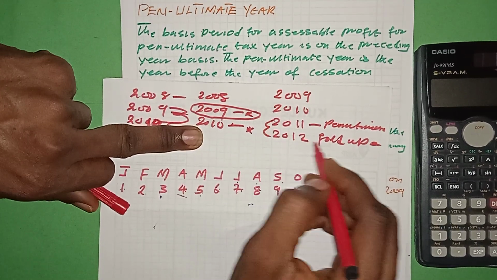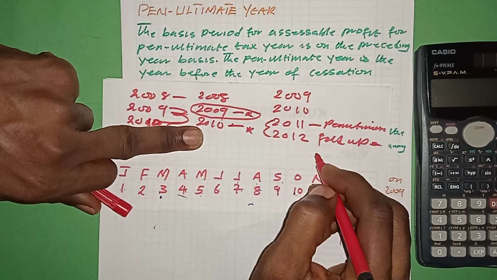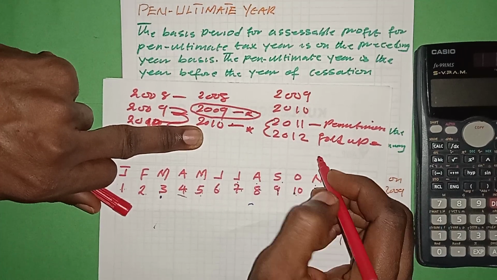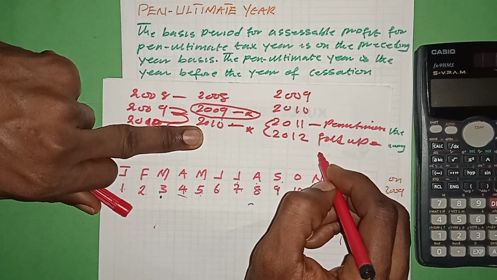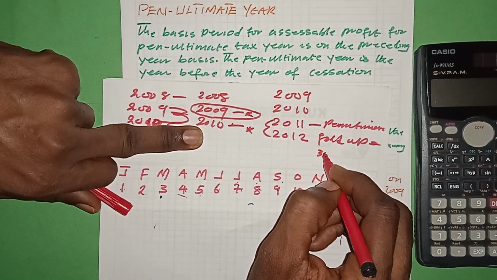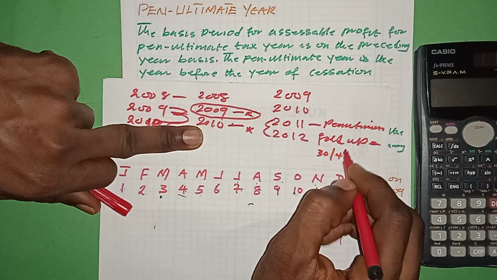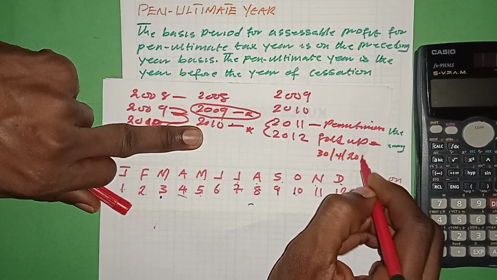Now, for example, let's say the business decides to fold up by 30th April 2012.